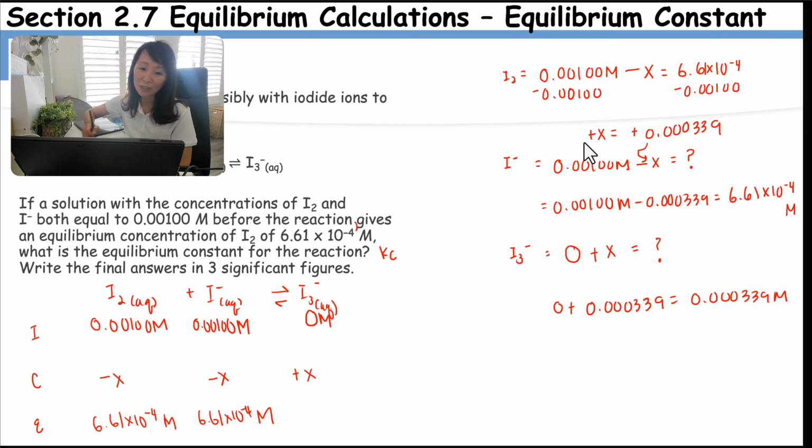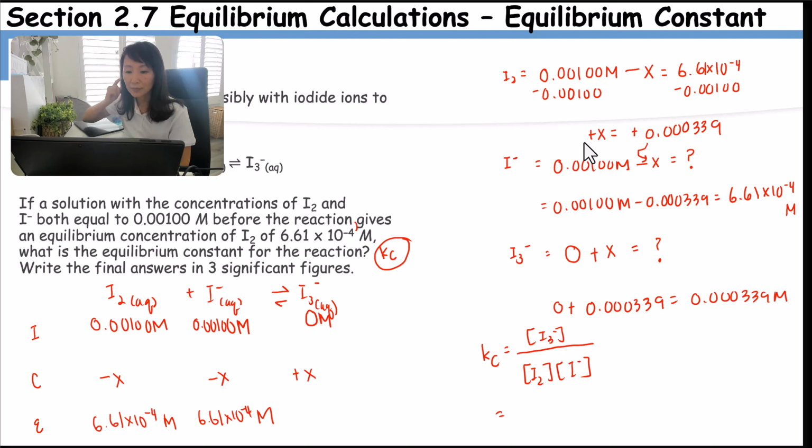Now, the question asks for Kc. We haven't even touched Kc. So let's go ahead and set up the equation for Kc. Kc is equal to the product divided by the reactants, I2 and I negative. So we'll plug these values in.